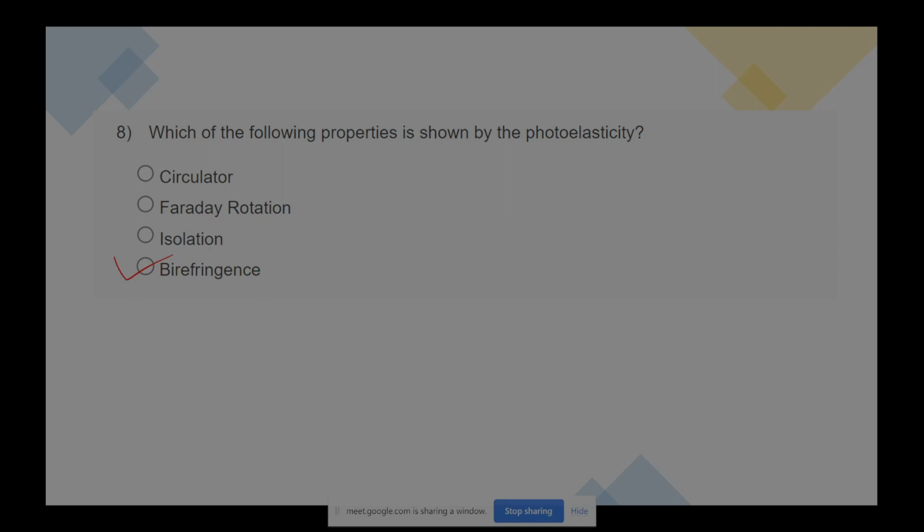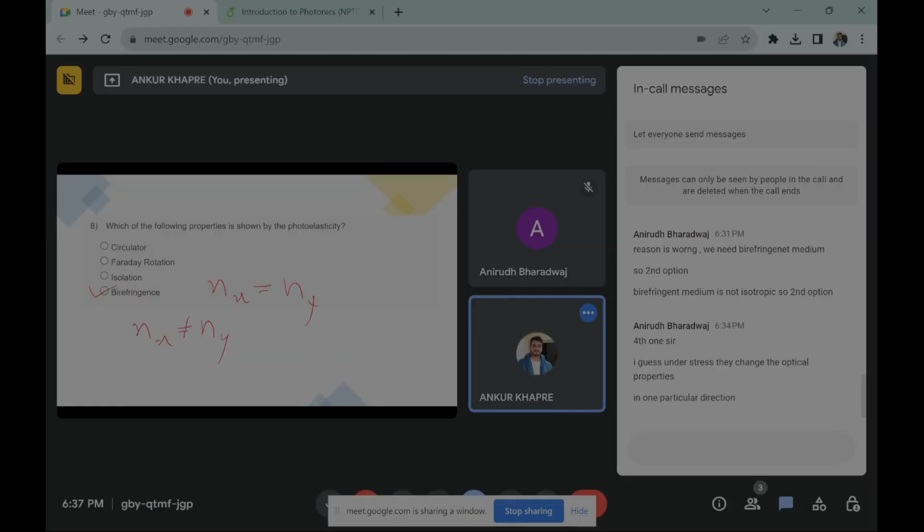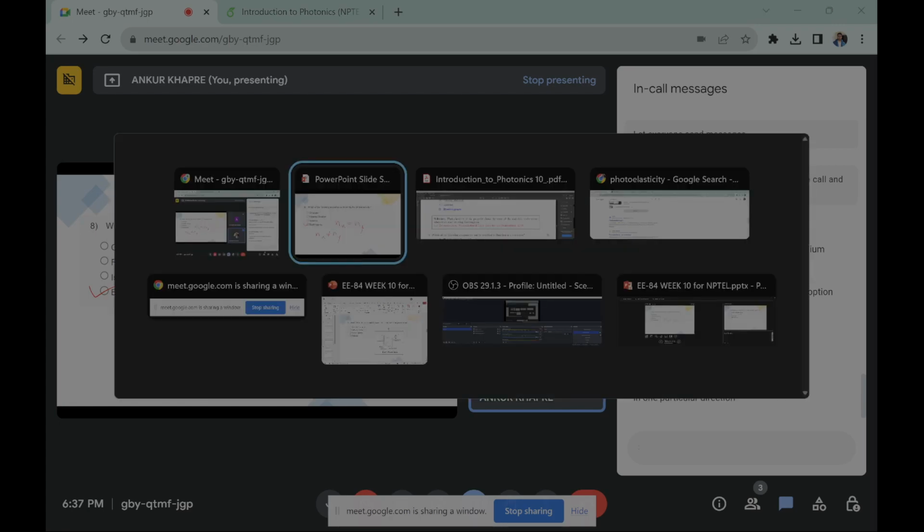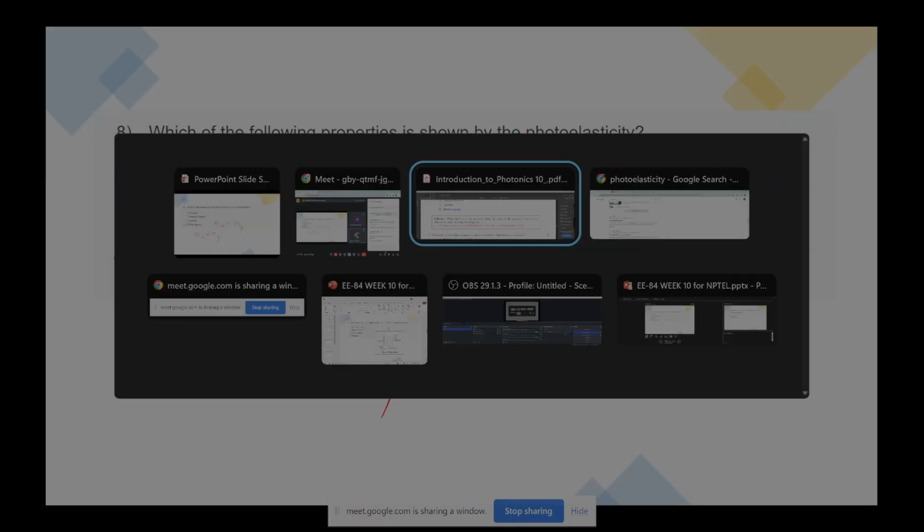Suppose in the xy directions, the refractive index of x is different from y while stress is applied, and previously the refractive index was the same for both. Okay.